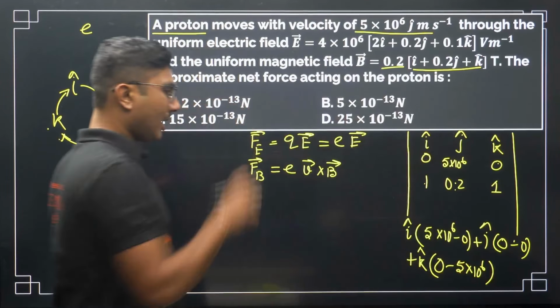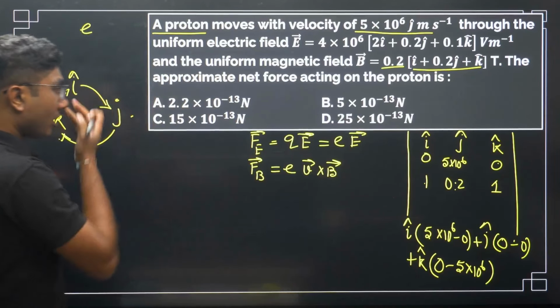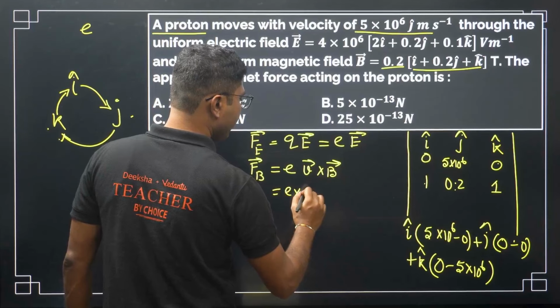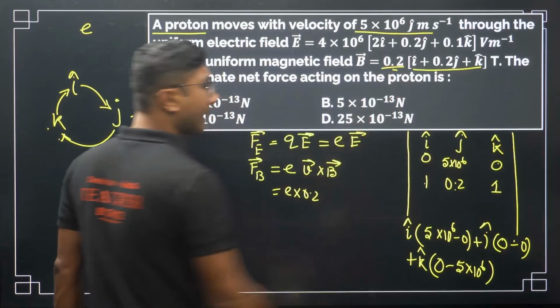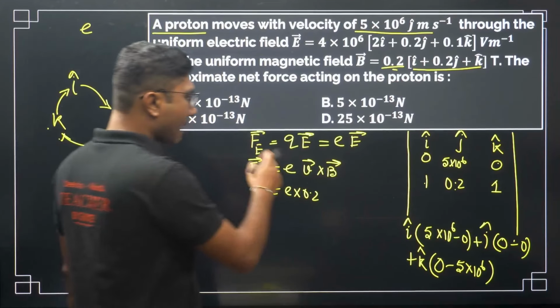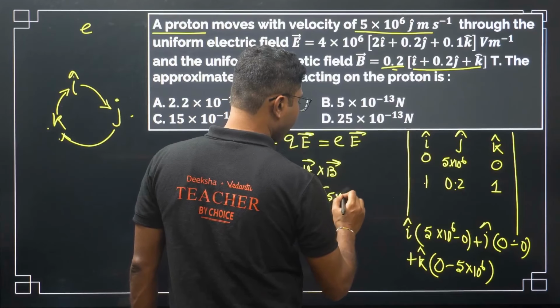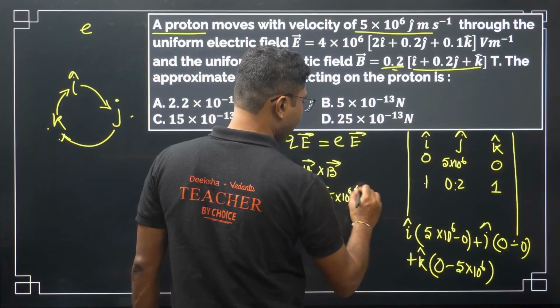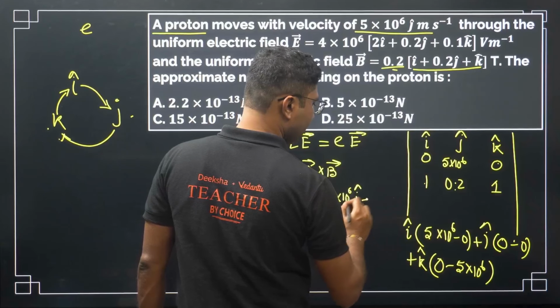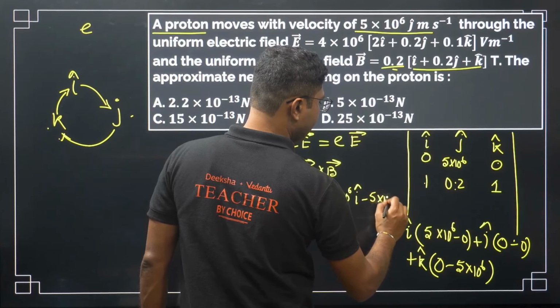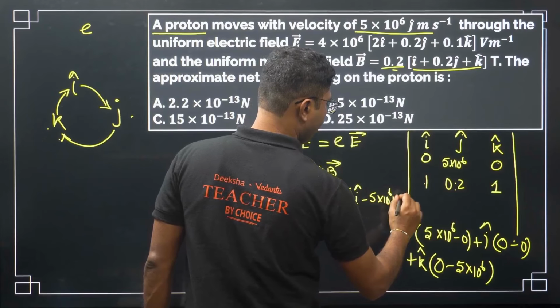Now what will be the value of FB? FB will be e into 0.2. This 0.2 we have taken outside, right? And V cross B we have calculated. It will be 5 into 10 to the power of 6 i cap minus 5 into 10 to the power of 6 k cap, right?